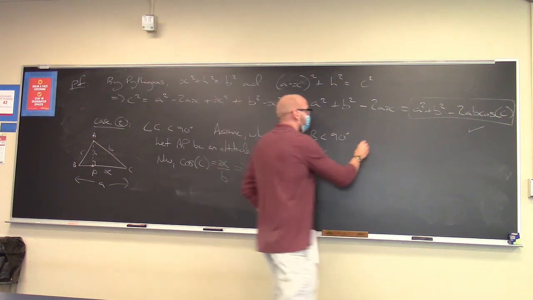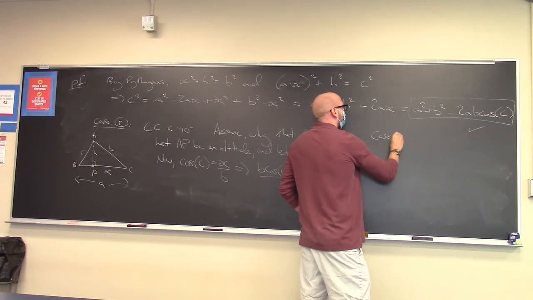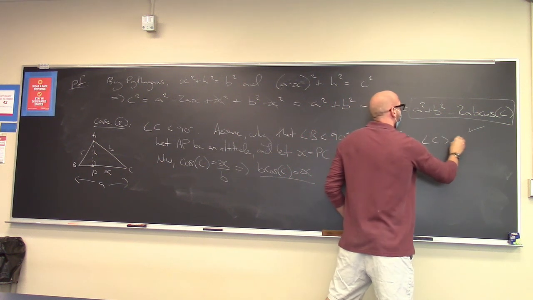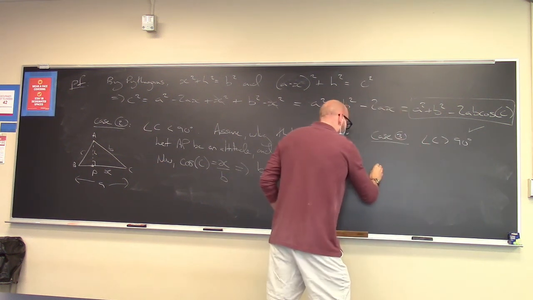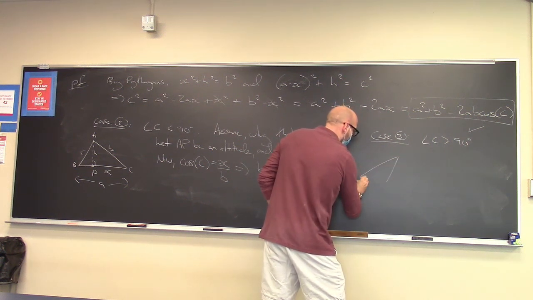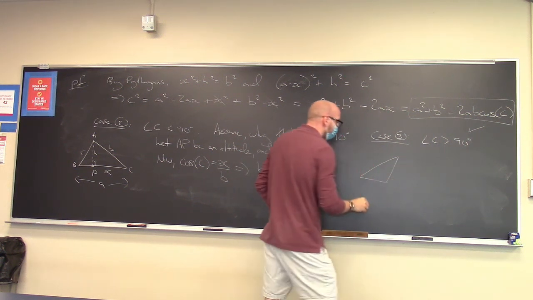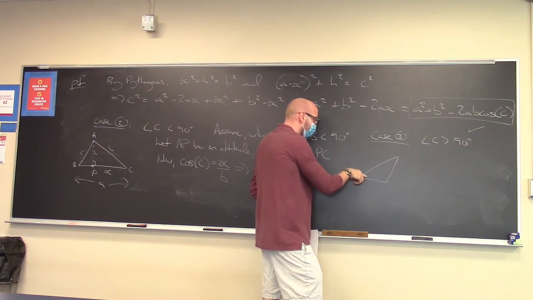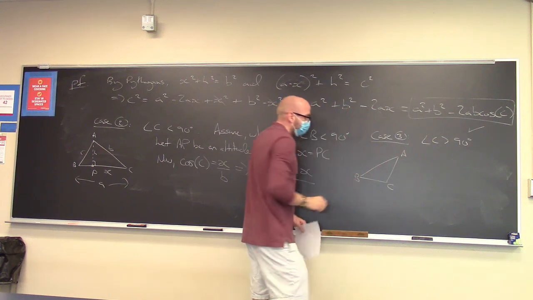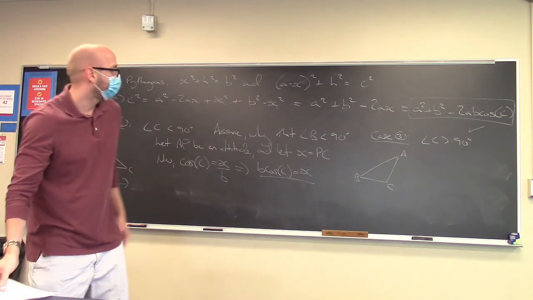Last but not least, we won't prove it, we're pretty much out of time here, but case 3 is angle C bigger than 90 degrees. So triangles will look kind of like this. In fact, both of these other angles must be acute in this case, right? So angle C is obtuse.